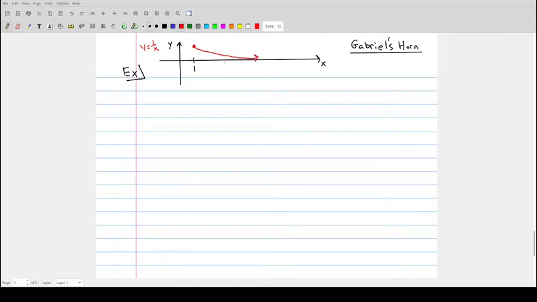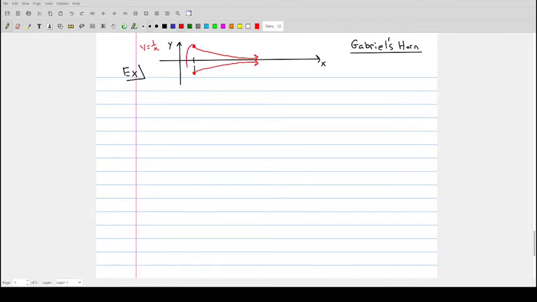And it continues all the way as you keep getting closer and closer to positive infinity. And we'll consider what's called the surface of revolution, which we've talked about, that's generated by this function. It's the surface generated when I rotate this function around the x-axis, where each cross section is a circle.